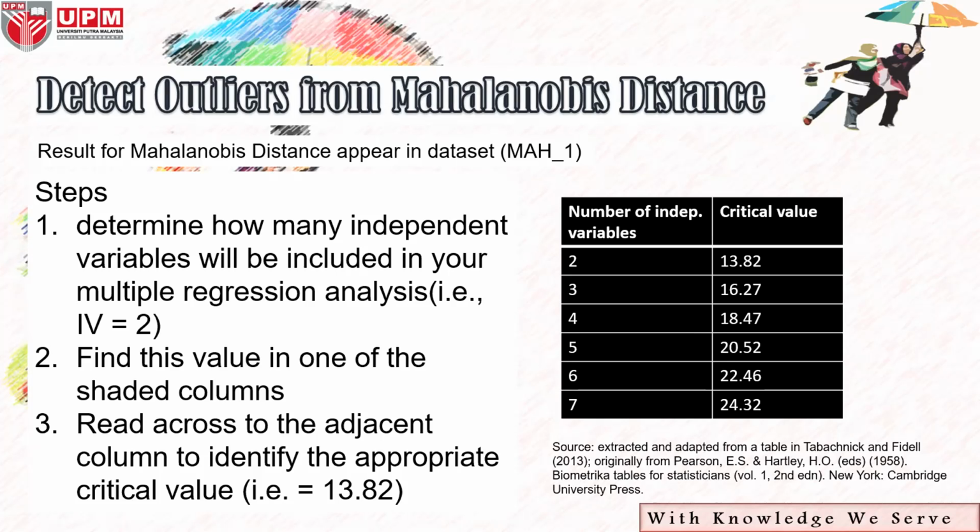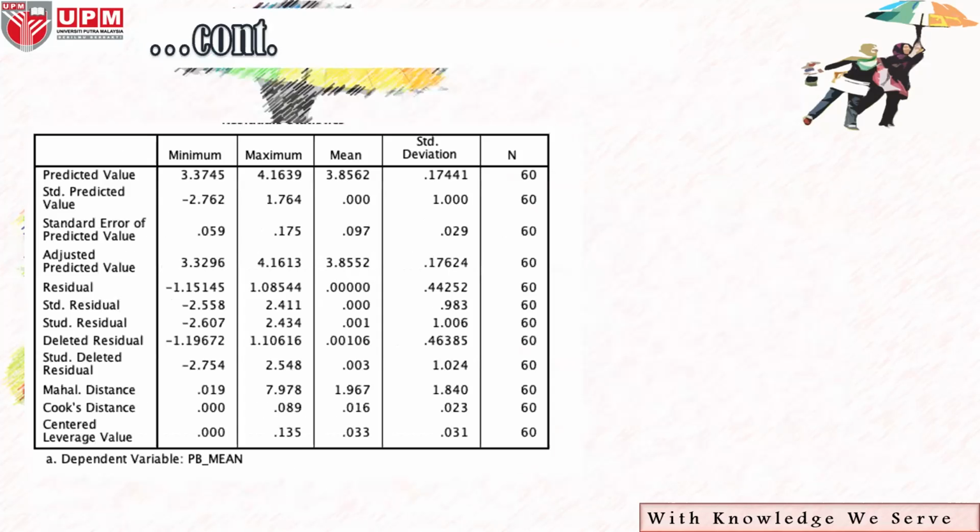Dalam shaded column tu, number of independent 2. So then the critical value or the cut-off point for 2 IVs is 13.82. Itu dia punya critical value. Okay, read across the adjacent column to identify the appropriate critical value, which is 13.82.